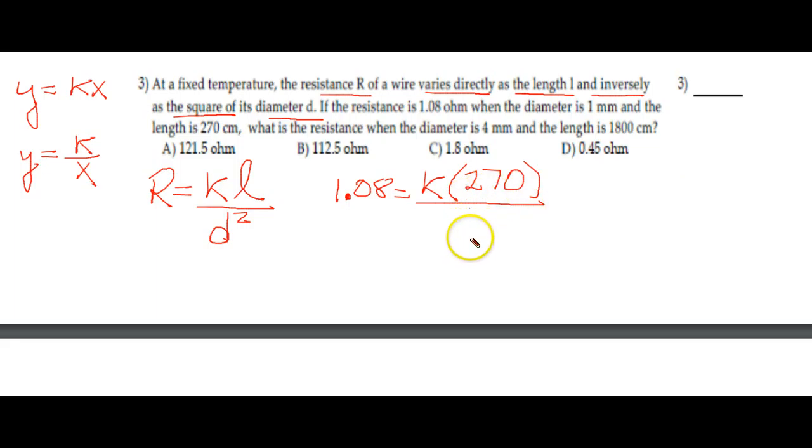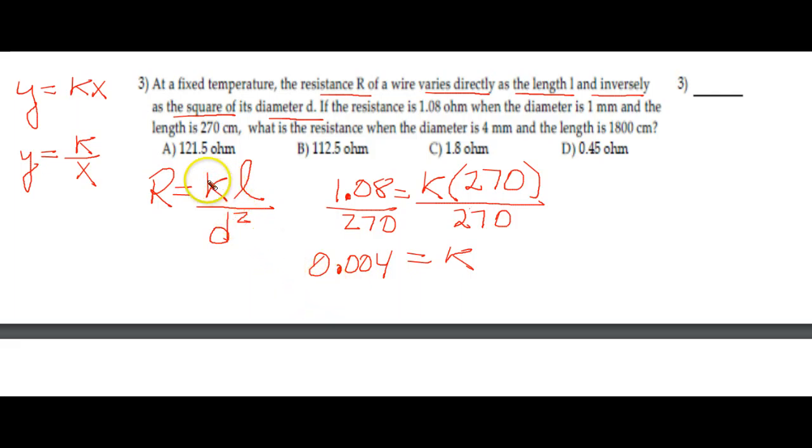We don't need the 1 there. So what will k be? Well, here we have to divide now both sides by 270. And we get k equals 0.004.